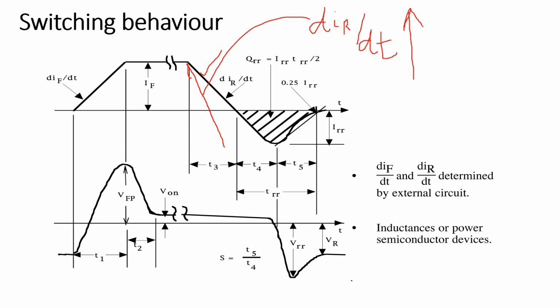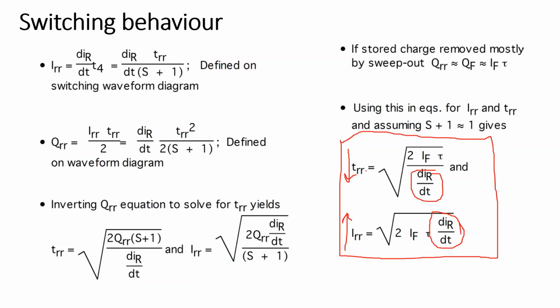This dIR by dt will be higher for a large negative reverse bias voltage, and if this dIR by dt is higher, then the charges will be removed quickly. So TRR will be smaller, right? This is what this expression means.